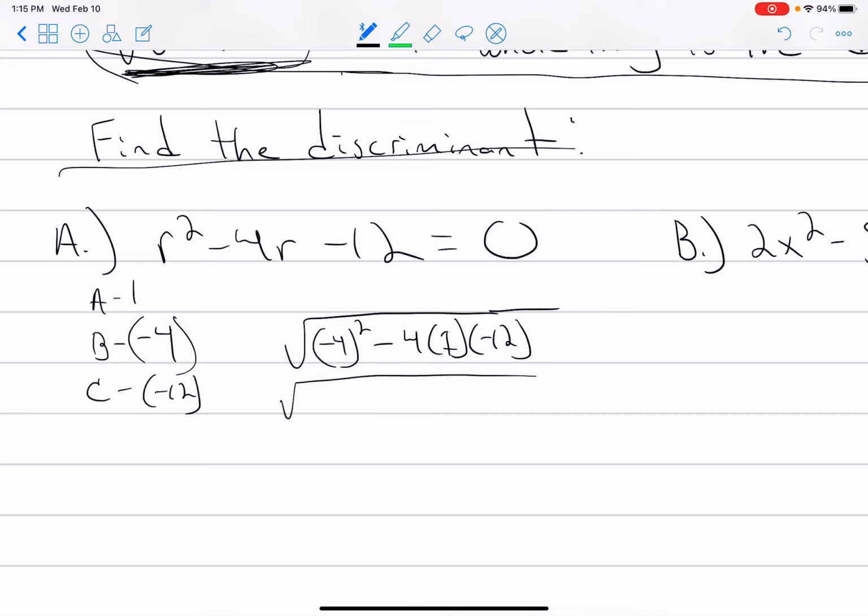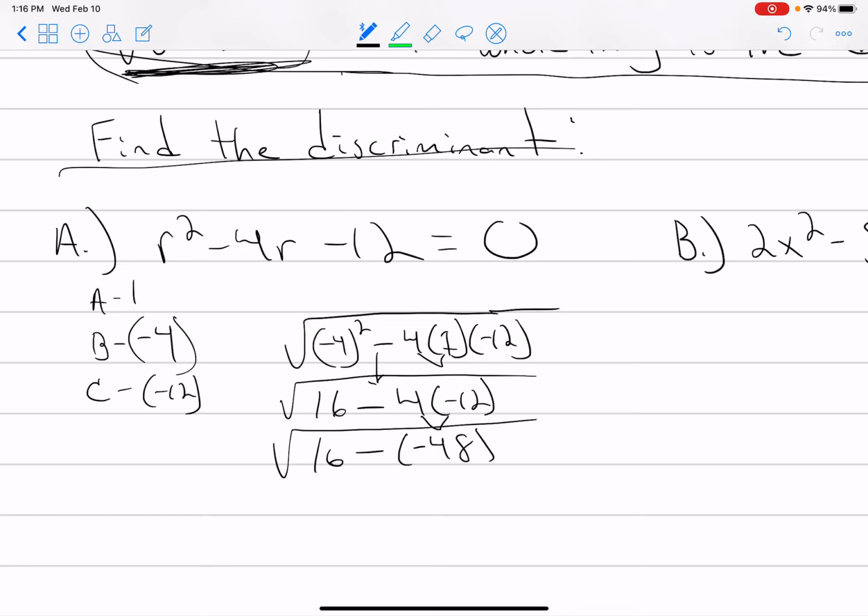Well, I know that -4 times -4 is 16. Notice, I'm just going to write a minus. 4 times 1 is 4. And I'm just going to keep it going. Minus 4 times -12 is -48. Is that correct? Yeah, -48.